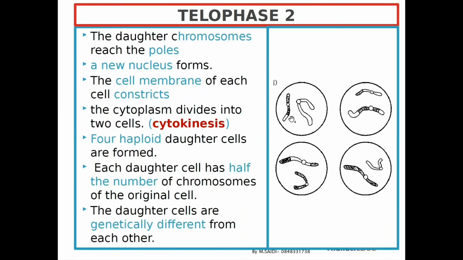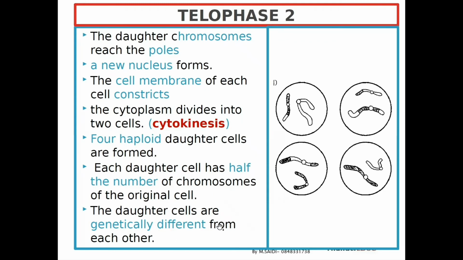Now we're having 1, 2, 1, 2, 1, 2, 1, 2. That means it's half of 4. So this is now no longer diploid, but it is haploid. That's why we have 4 haploid daughter cells. How many cells? 1, 2, 3, 4. There are 4 haploid daughter cells there.